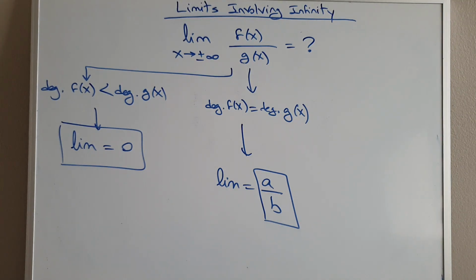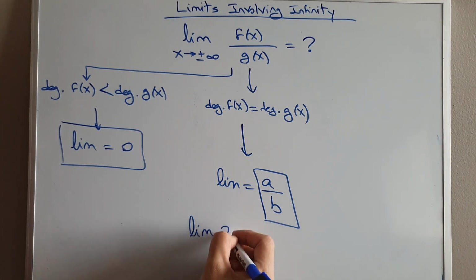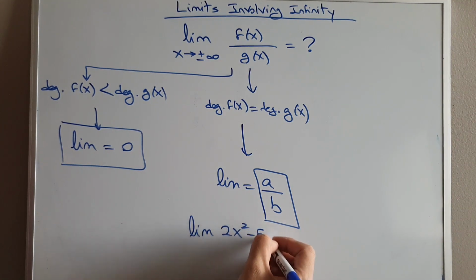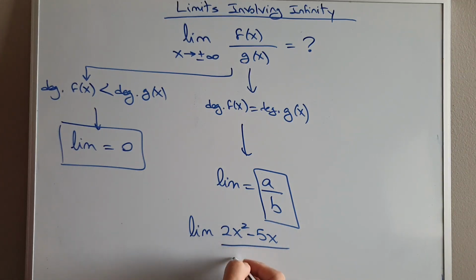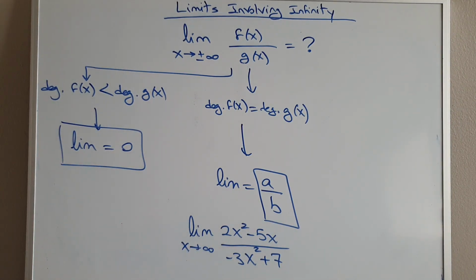Let me just remind you what a leading coefficient is. So if I'm looking at this, here the two functions f of x and g of x have the same degree, which is x squared, so the degree is 2. The leading coefficient is the coefficient of the variable with the highest power.